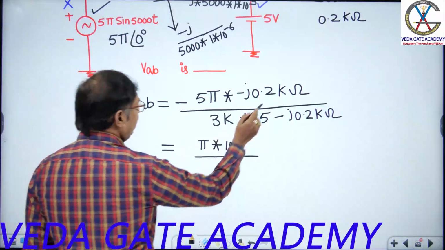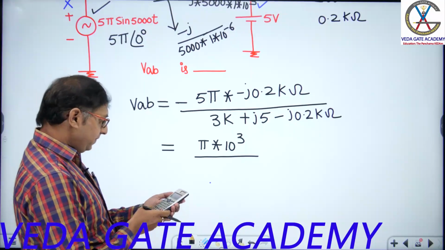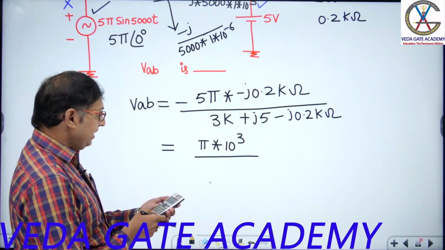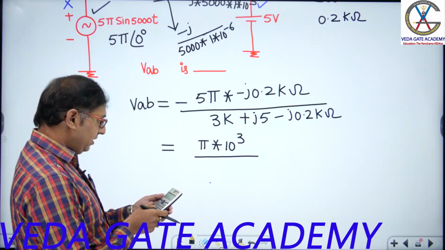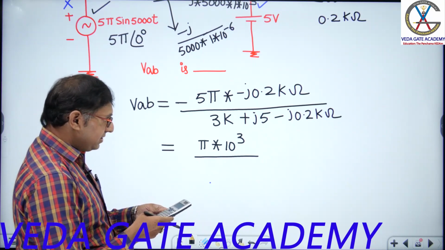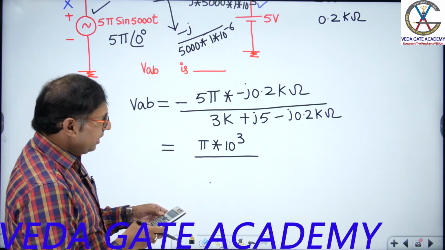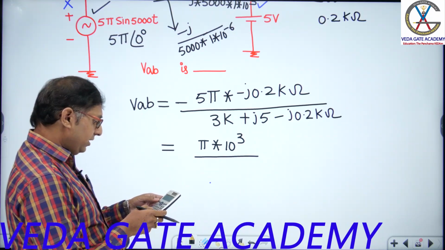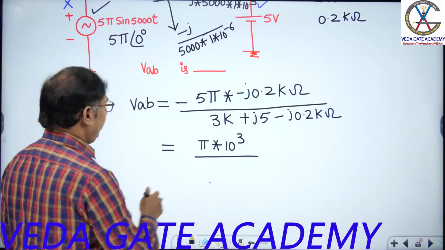Pi into 10 cube by 3000 plus 5i minus 200i. It is 3000 minus 195i.